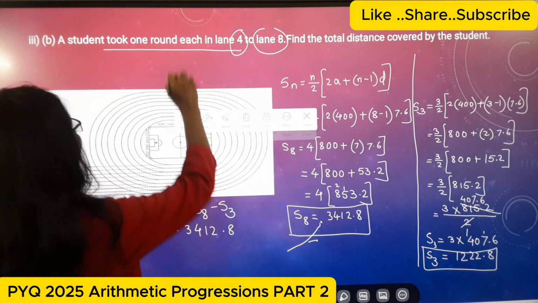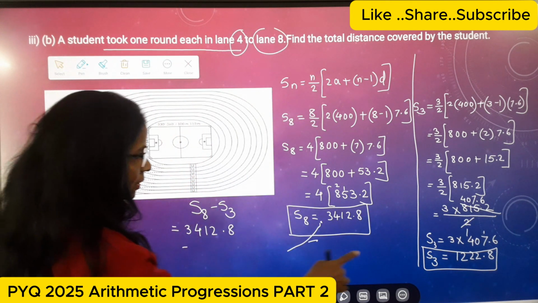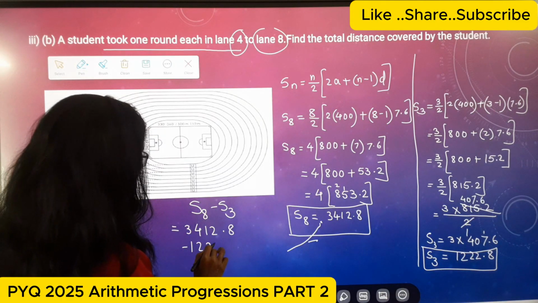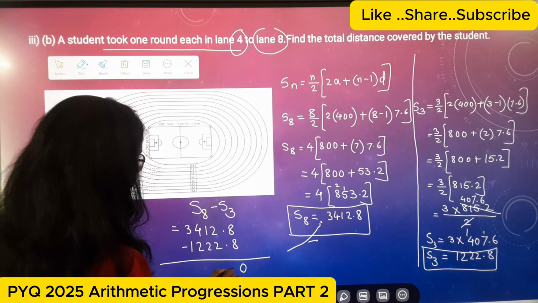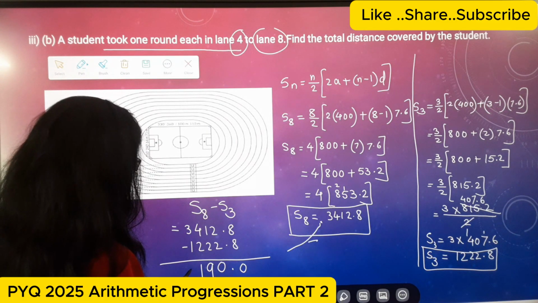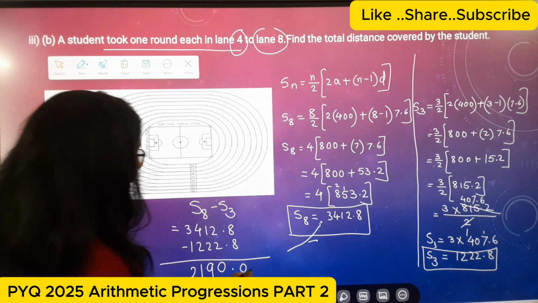Now the difference is S8 minus S3, that is 3412.8 minus 1222.8, which is 2190 meter.